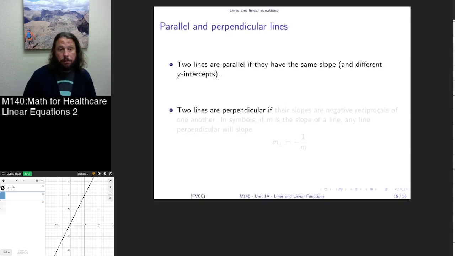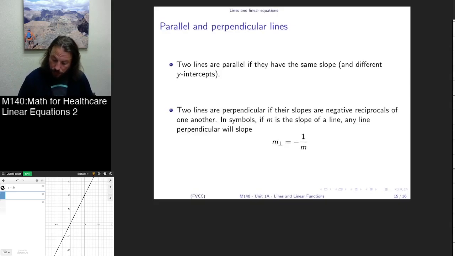Now, two lines are perpendicular if their slopes are negative reciprocals of one another. What this means is the slope of the perpendicular line is equal to negative 1 over m.